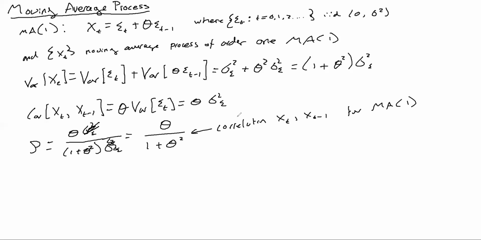For a first order moving average process, in order for this to be stationary, the absolute value of theta is going to be equal to or less than 1. And this would mean that the absolute value of our correlation would be equal to or less than 0.5.